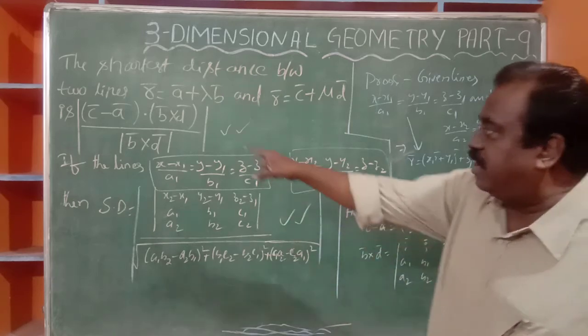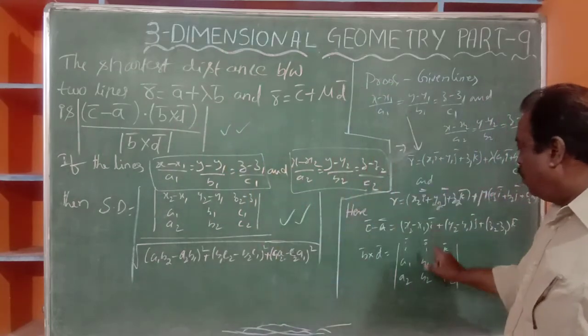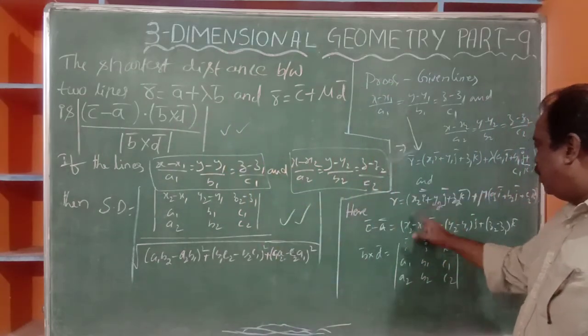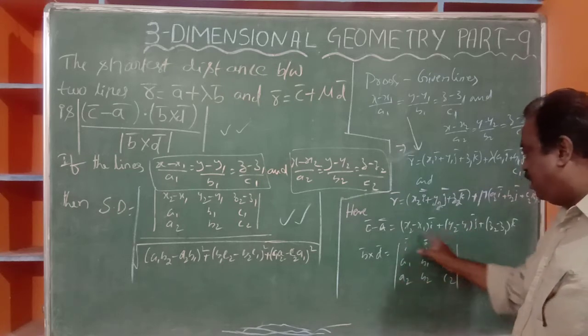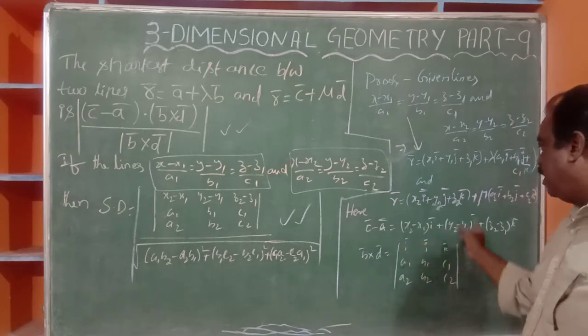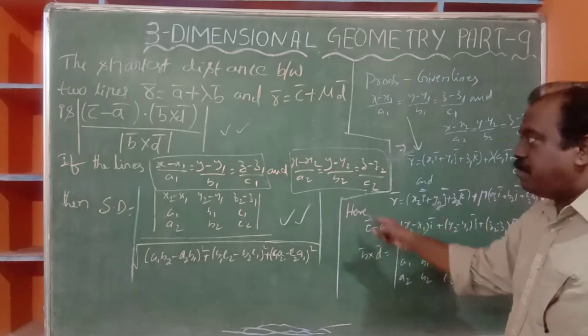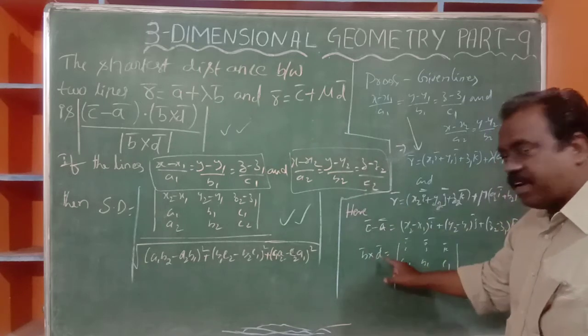The dot product is there: c bar minus a bar dot b bar cross d bar. The difference of two vectors is again a vector, and b bar cross d bar is a new vector, the vector product. So we have c bar minus a bar dot b bar cross d bar.